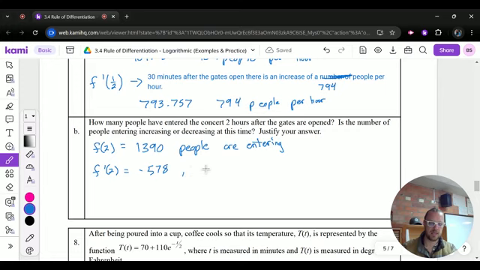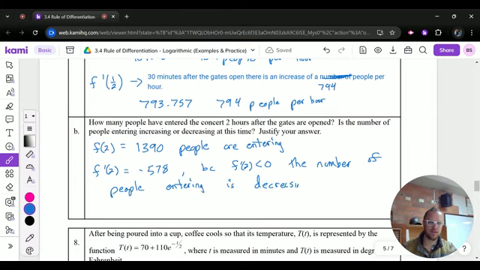And what this means is that because f prime of 2 is less than 0, that's going to tell us that the number of people entering is decreasing.